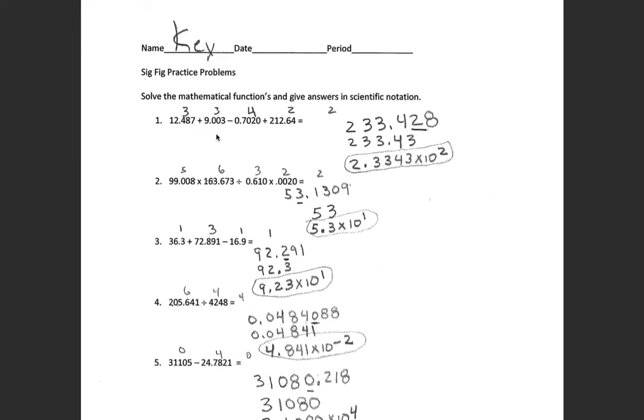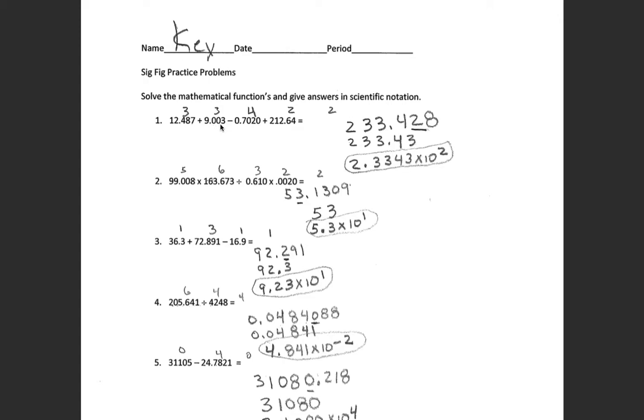So here's number 1. It's addition, right? And then subtraction, and then addition. So I'm adding these two numbers together, subtracting this number, and then adding this number. Remember, when you're doing addition and subtraction, it's the number of digits after the decimal. So I got 3, 3.